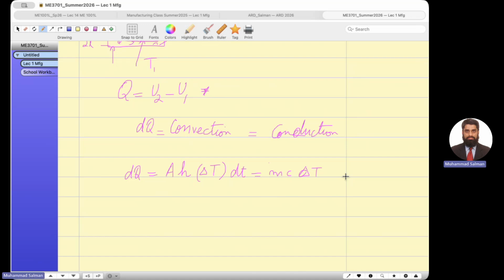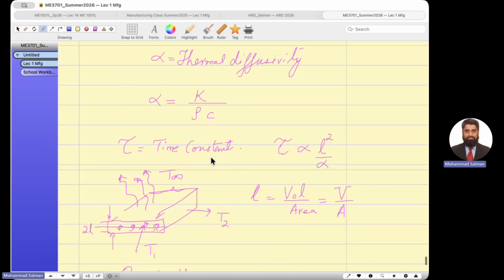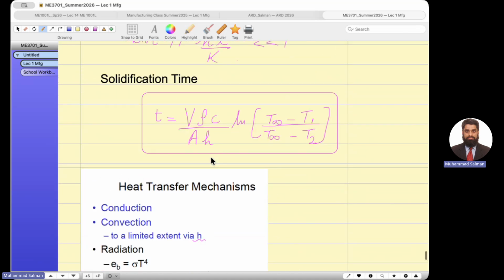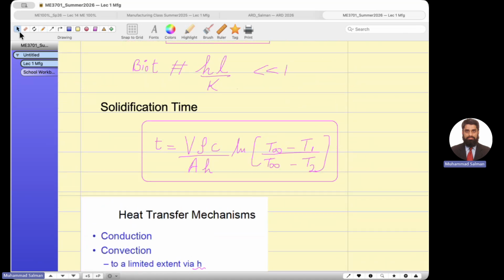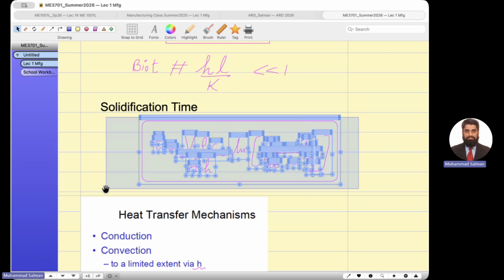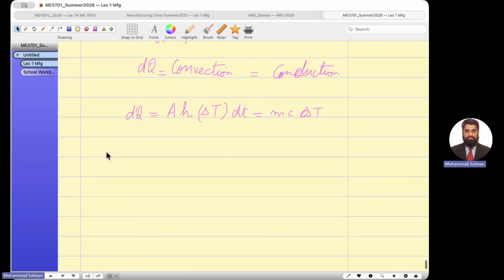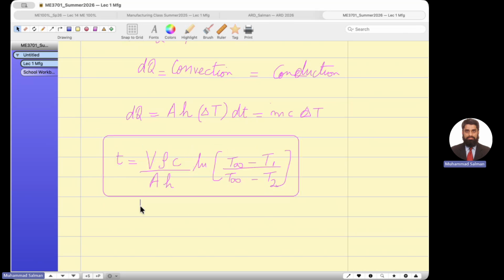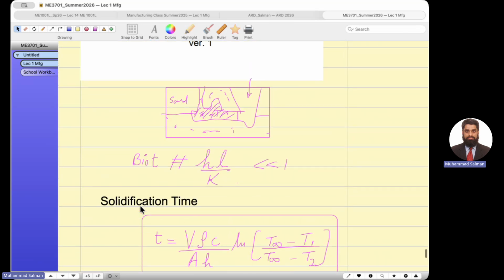So you have to equate these two equations and solve by integrating. By integrating, everything boils down to this formula. This formula comes from the theory behind this, and you can only use this formula when the Biot number is less than 1.